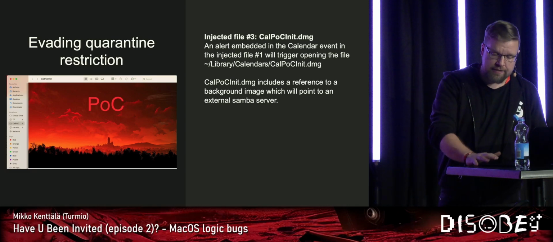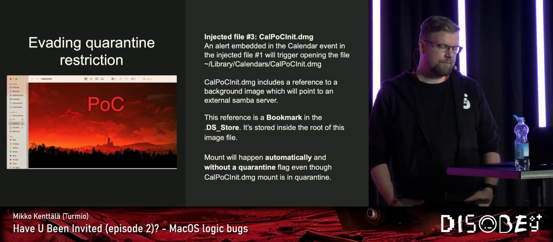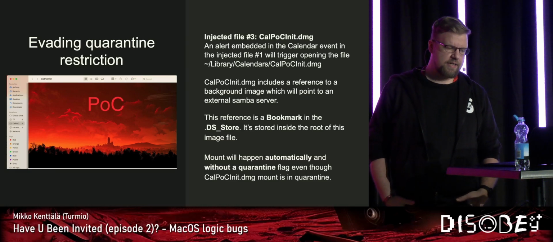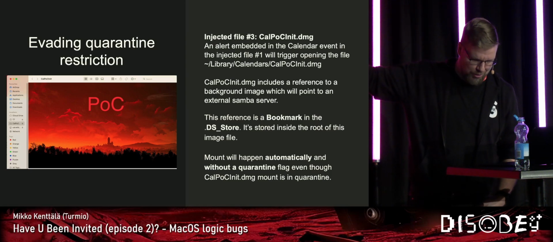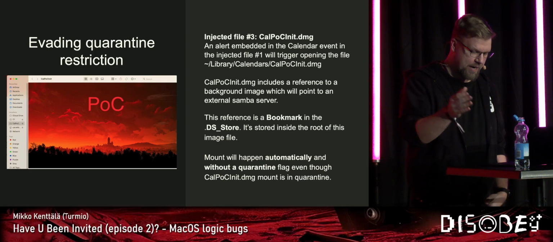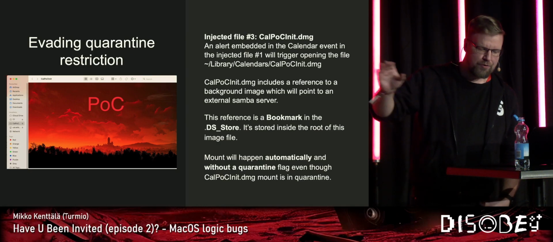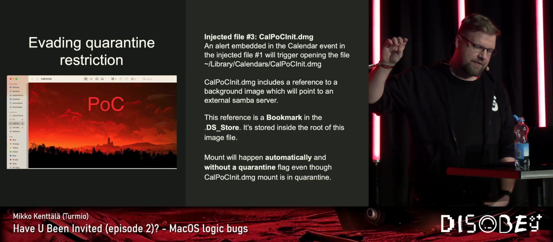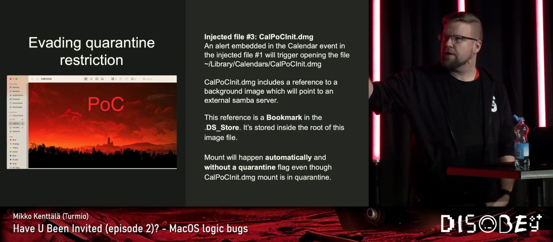And in reality, what happened under the hood was that the background image is not stored in that disk image which was mounted. It's actually stored in an external Samba mount, which was my Samba mount. So there was only a pointer in that disk image, in a DS_Store file, in a bookmark format.